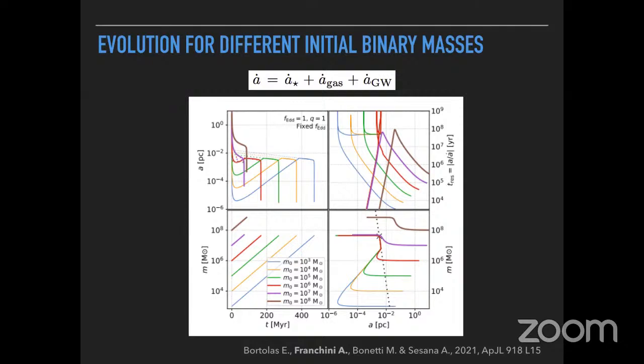But then, if you start with 10 to the 7 solar masses, then you will hit the gravitational wave-driven regime way faster than the expansion. So for masses above 10 to the 7, the binary will just shrink before, because of stellar hardening, and then it will go directly into the gravitational wave-driven part of the diagram.